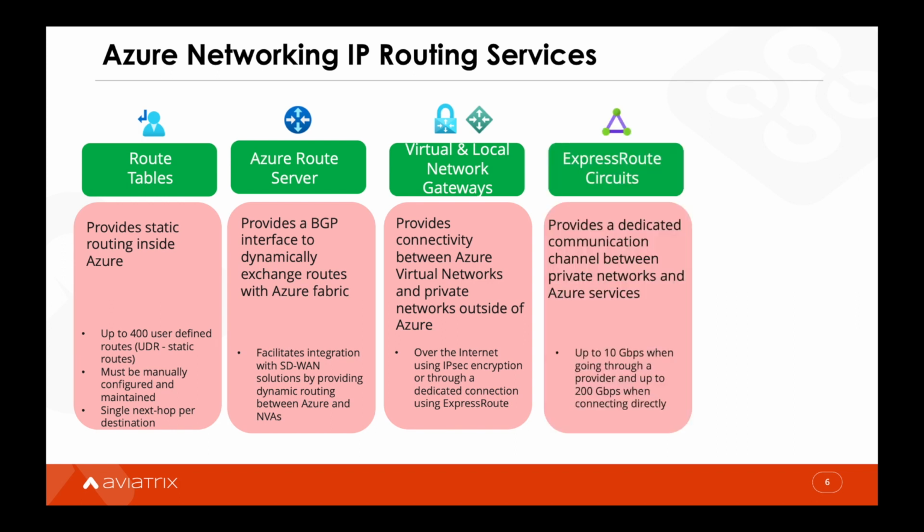Now, if connectivity over a dedicated connection is desired rather than over the internet, then we can use an ExpressRoute gateway and an ExpressRoute circuit. So those are two components like the virtual network gateway and local network gateway. Here we have an ExpressRoute gateway and a circuit.